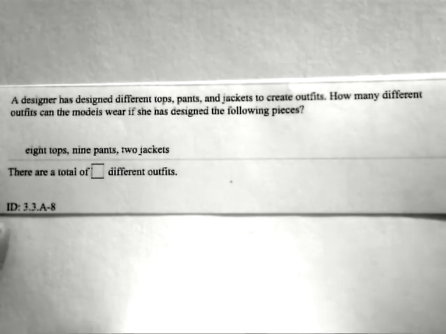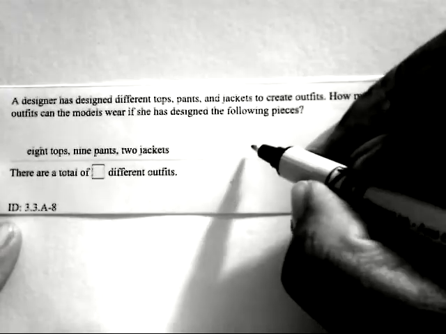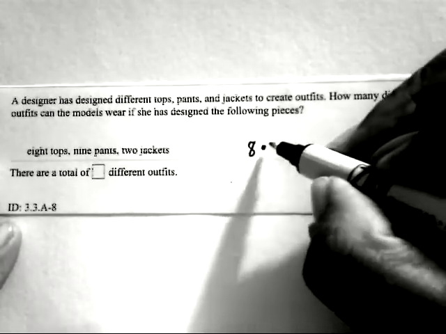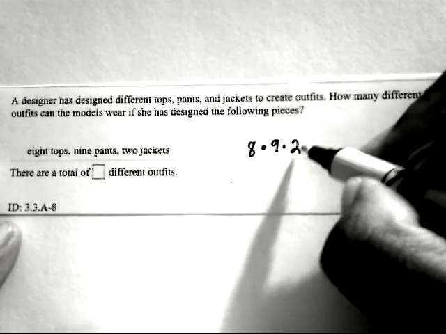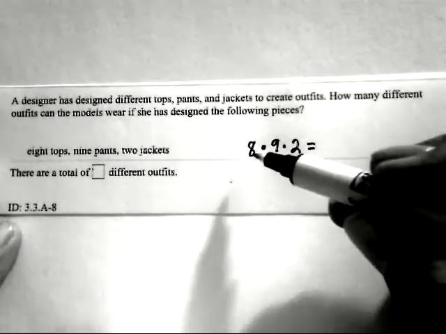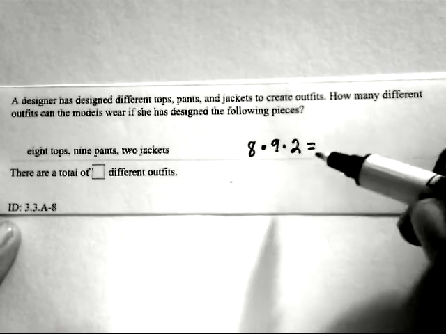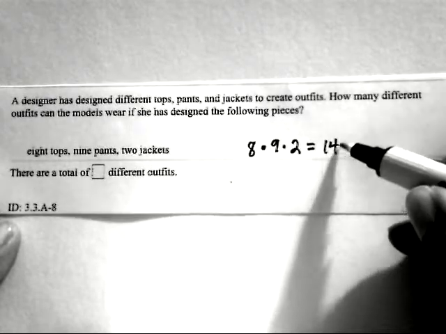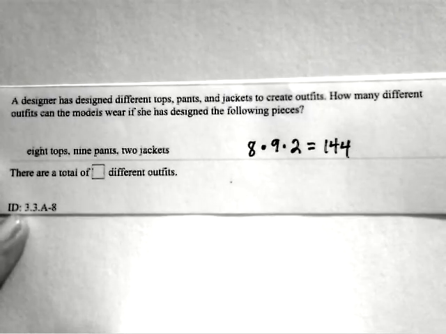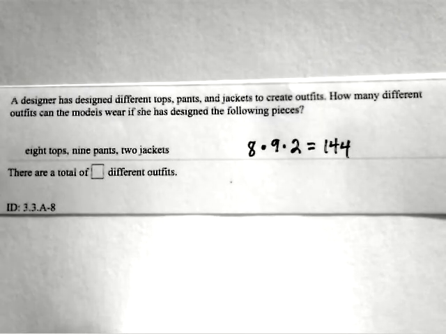This one we're going to have to use the fundamental counting principle. So that means you're going to multiply 8 times 9 times 2. Well, 8 times 9, that's 72. 72 times 2 will be 144. So there are 144 different outfits that the models can wear.